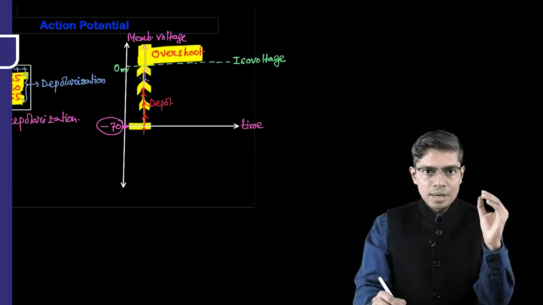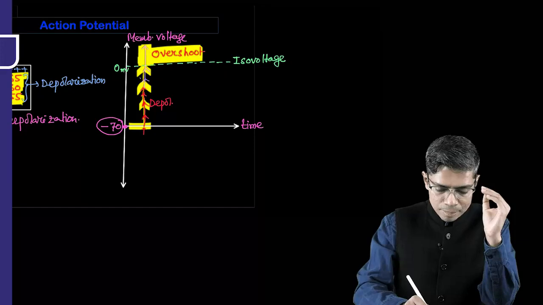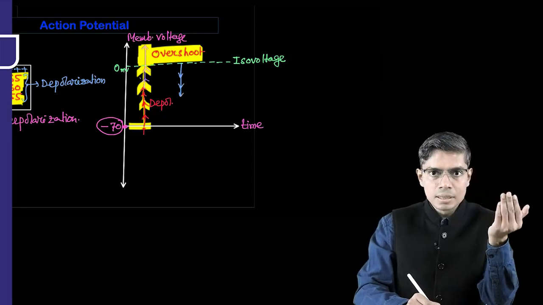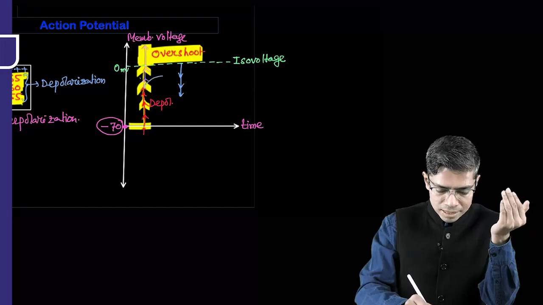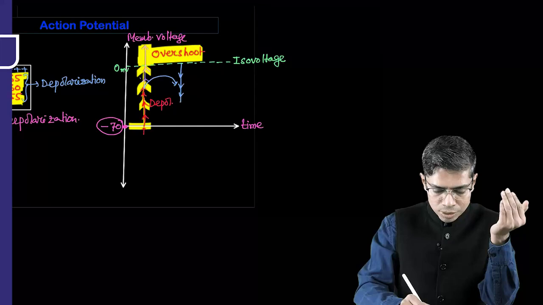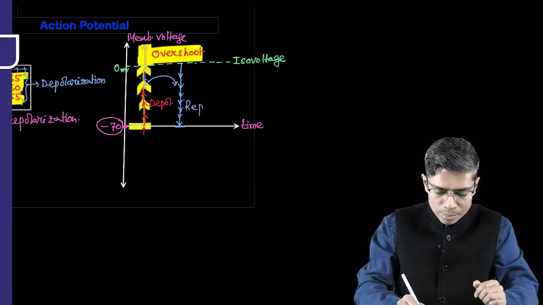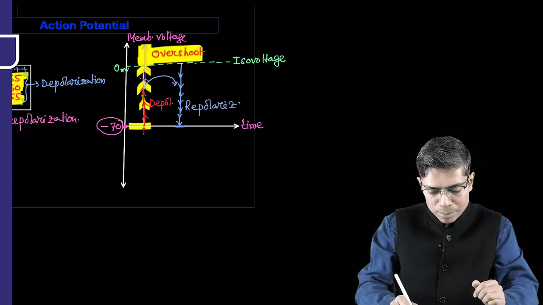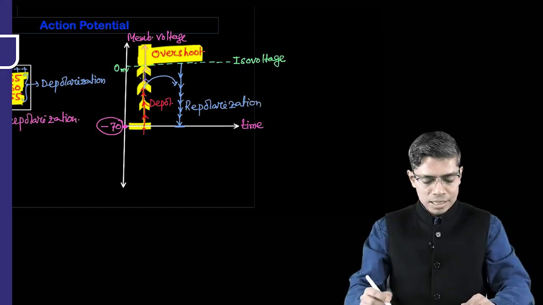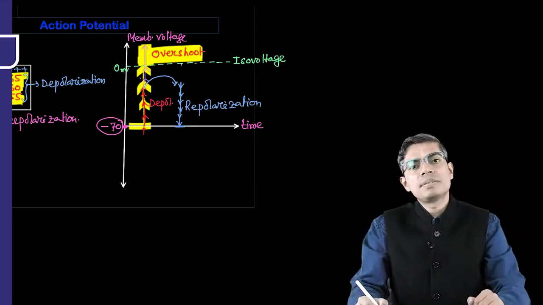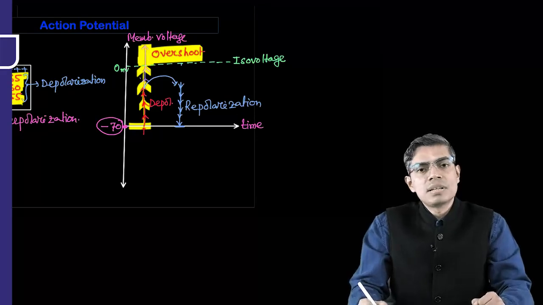Now, when this depolarization is again returning back towards the resting membrane voltage, suppose the depolarization has already been done and the cell is returning back to the resting condition. This movement of membrane voltage back towards the RMP is known as repolarization. Getting my point? Repolarization is nothing but the membrane voltage returning back towards the original condition, that is, towards the resting membrane voltage.